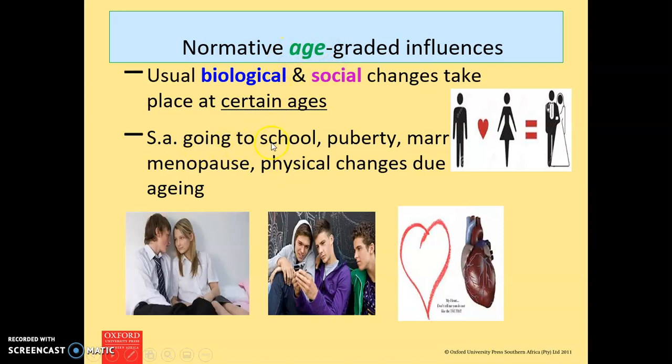For example, going to school at what age? Normally around 7. When is the age that we reach puberty, when is the age that people normally get married, have menopause, and physical changes due to aging. So we can understand normative age as happening at a certain age, based on the norm.